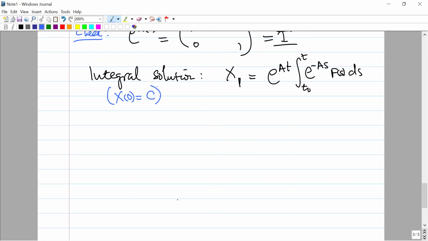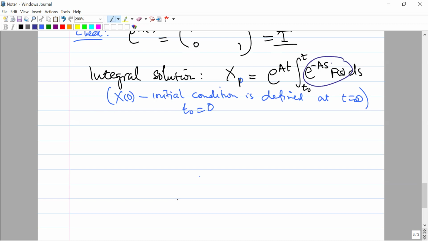Okay, the initial condition is actually x of 0. The initial condition is defined at t equals 0. So then t naught becomes 0 in this case. Okay, so this is xp. So what we do, we want to calculate this.